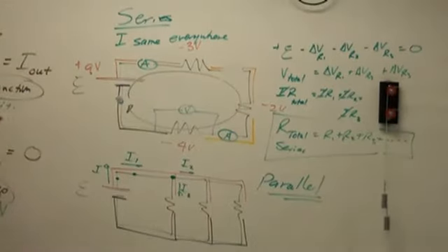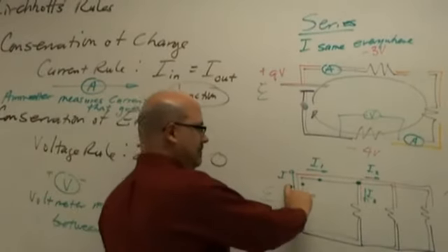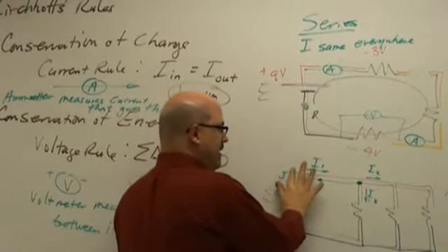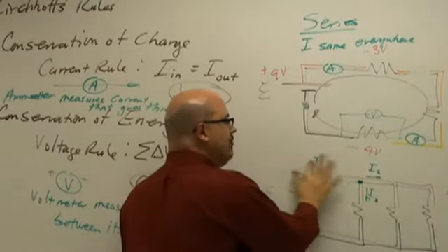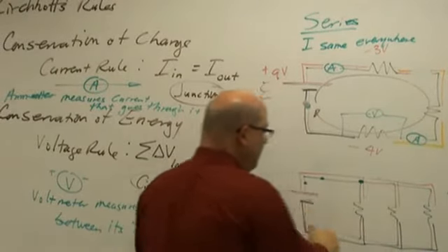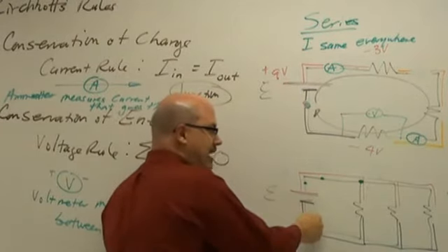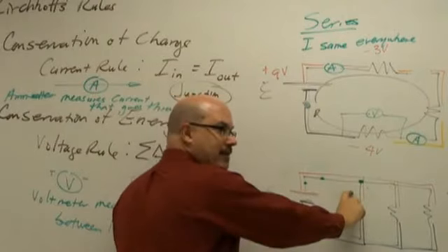Okay, in parallel, what does our voltage rule tell us? The sum of the voltage or the potential difference around the loops should be 0. Yeah, the sum of the voltages around the loops should add up to be 0. But look what I've got for my loops. I've got this loop, so that means that that equals that.